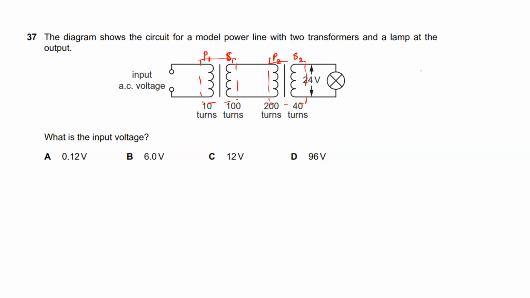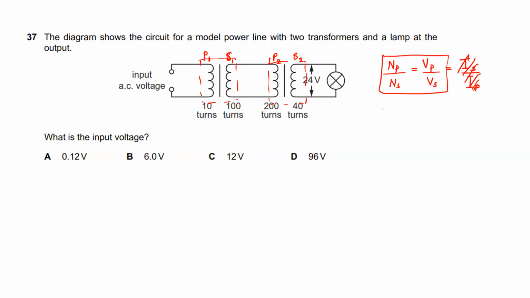We know that the turn ratio, the number of turns on primary divided by the number of turns on secondary, is equal to the voltage at primary over voltage at secondary, and it is equal to current at secondary over current at primary. So this is the transformer equation we have for an ideal transformer. We are not concerned with current at the moment, so we can ignore this. So this is what we are left with.